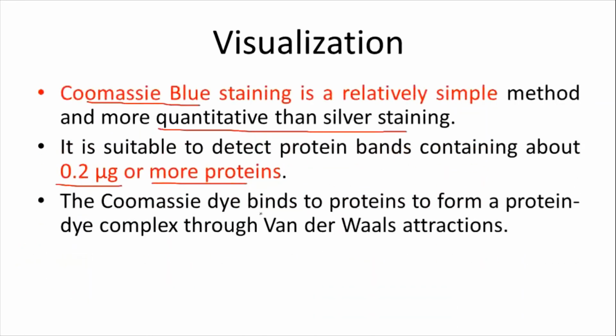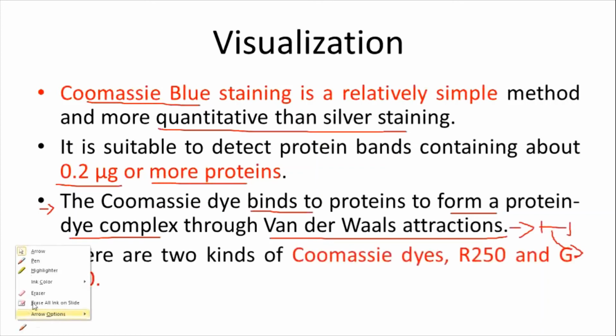Coomassie blue binds the protein, as you know very well, to form a protein-dye complex by van der Waals attraction. Coomassie blue is a basic dye, and it can effectively bind to the R groups of side chain amino acids by van der Waals interaction. By adding destaining solution, the dye is easily removed.